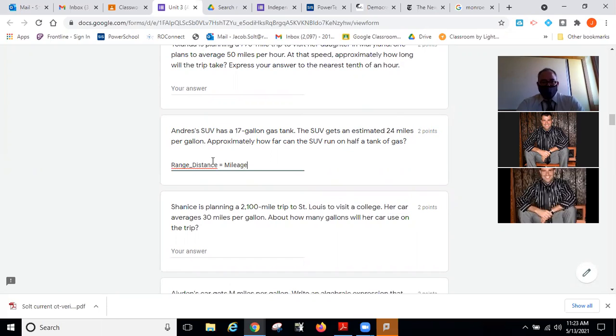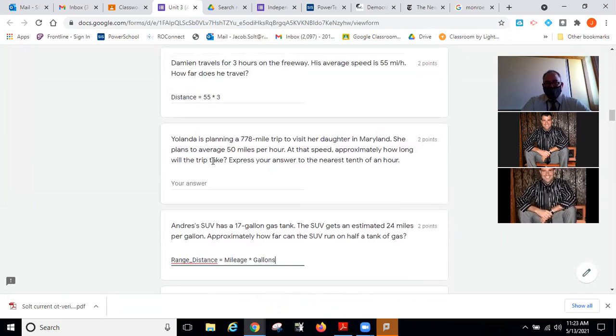Mileage goes in here. That's kind of like the rate, the miles per gallon now instead of miles per hour. Mileage times gallons. All right, gallons is like time. So it's a very similar formula to what we have over here, where it's distance equals rate times time in hours. Now it's range distance equals the mileage times the gallons.